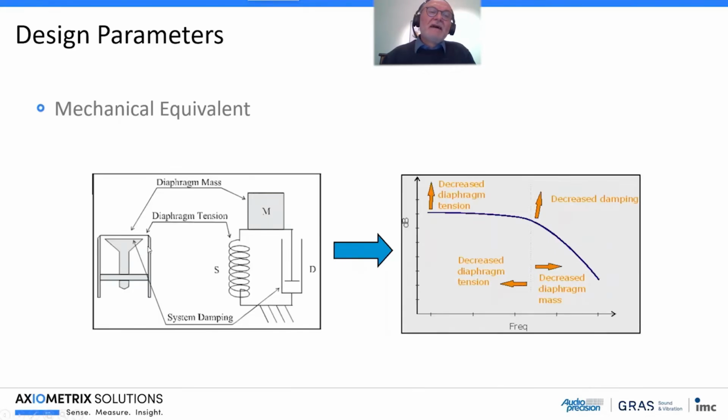The tension of the diaphragm gives us the spring. The mass of the diaphragm gives us the mass, and the holes in the back plate give us the system damping.